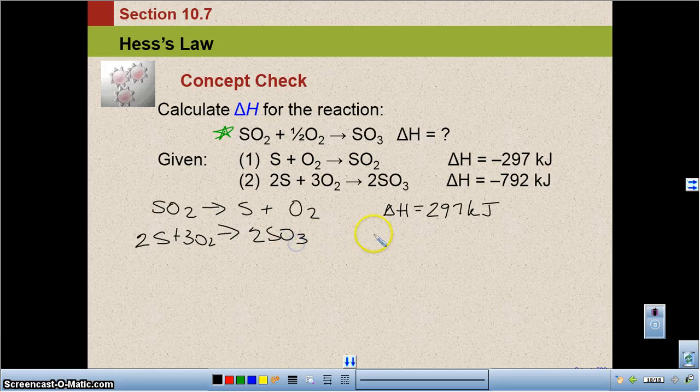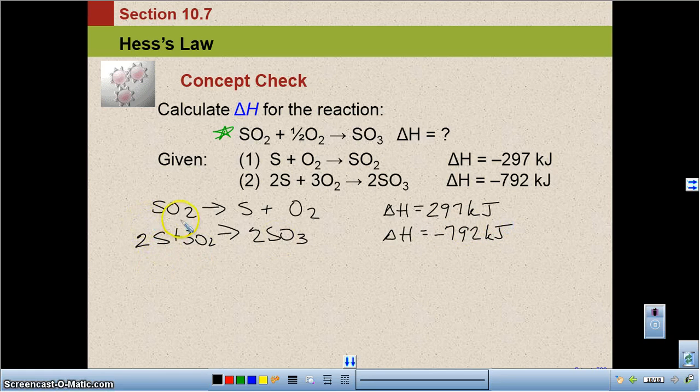And notice on this problem they didn't give us the states, so we're just going to assume that they're all in the same states on both sides. The one we're going to have to look at canceling is the sulfur, and we're going to assume they're in the same state because they didn't tell us any differently. So this one is an exothermic reaction giving off 792 kilojoules of heat.